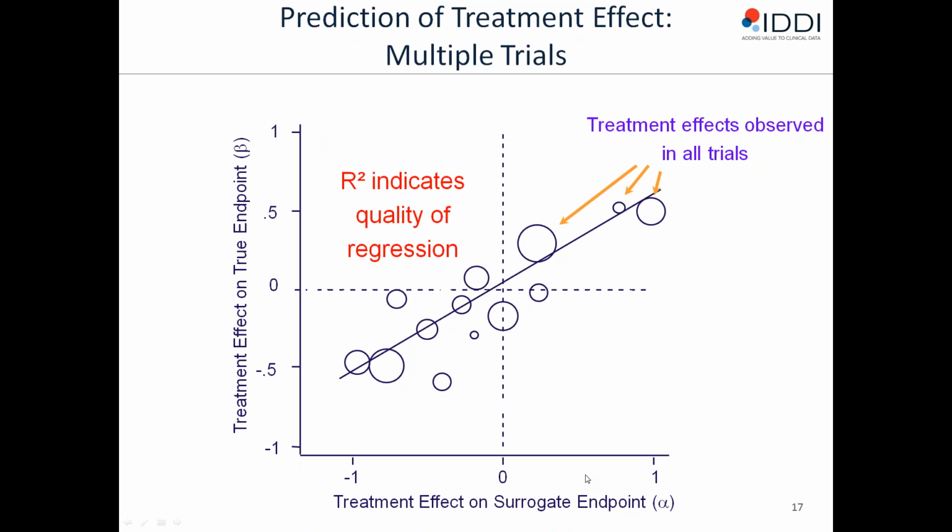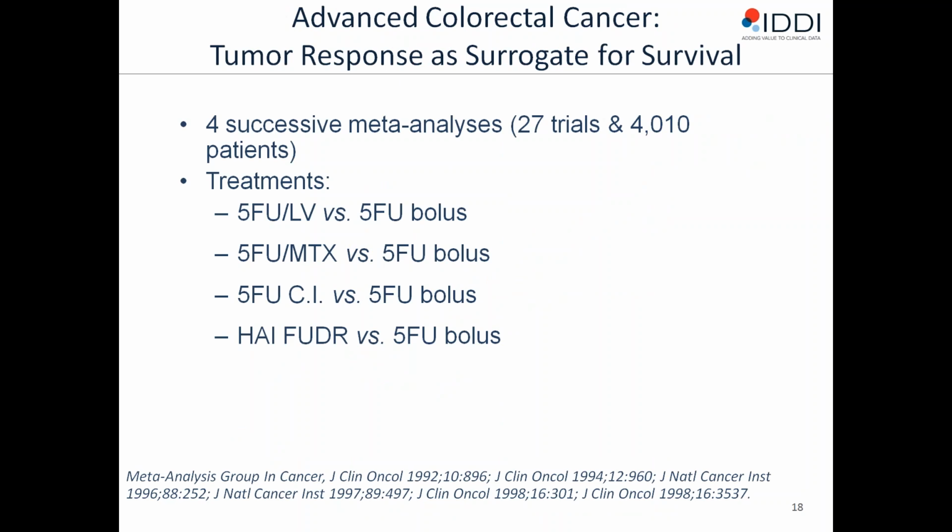On the other hand, if the R-squared or correlation coefficient is not high, then it would mean that there may be still some association, but it's not strong enough to give reasonable predictions. So this is the trial level surrogacy which Everardo mentioned, and that's what we will be focusing on now.